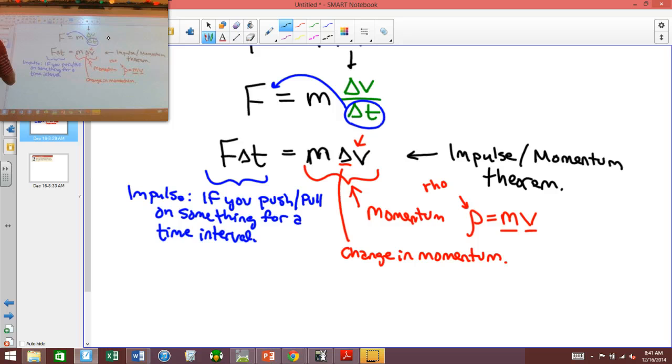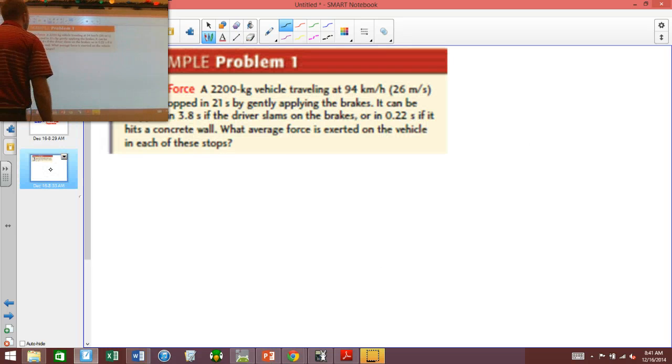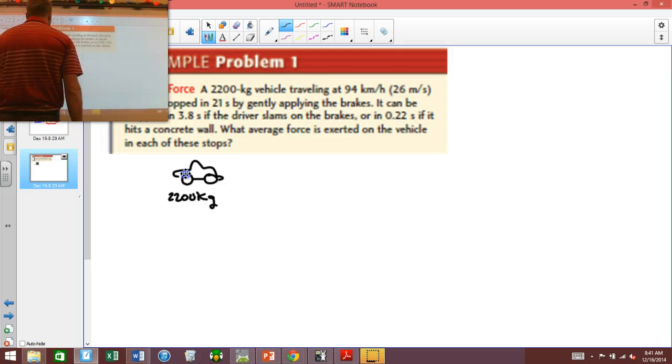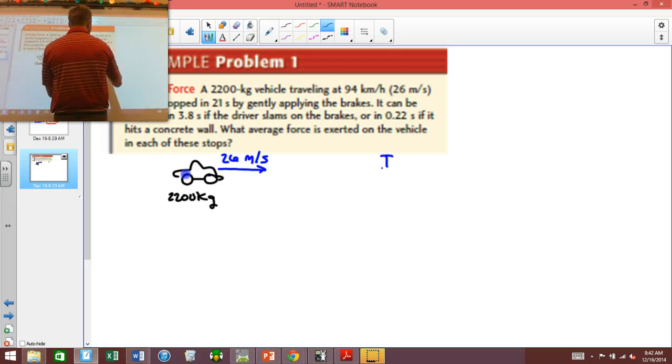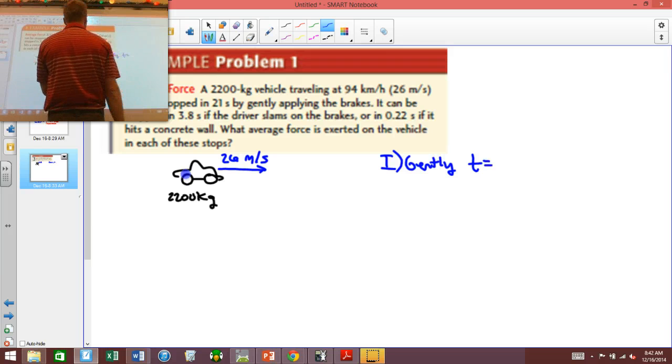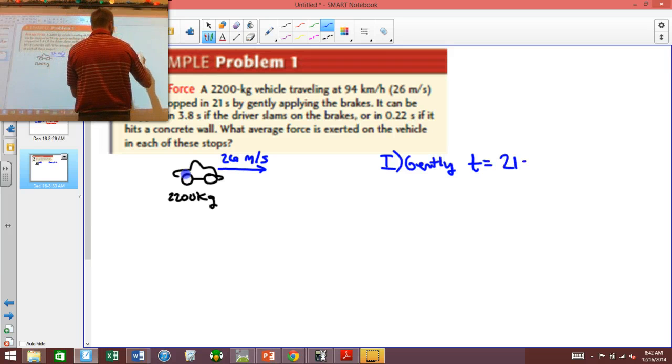And then there's an example in your book here. It's example problem 1. It says there's a 2,200 kilogram vehicle traveling at 26 meters per second. And you can stop it in 3 different ways. Way 1, you can stop it gently, where the time equals 21 seconds.